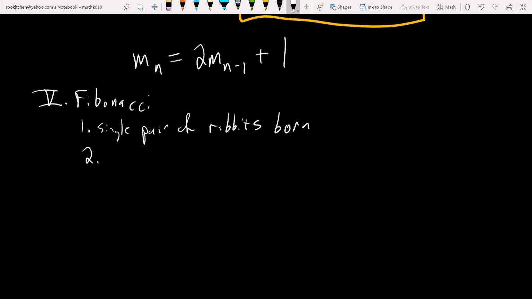So during the first month, or whatever time period you're working with, the single pair reaches maturity and are fertile. And at the end of that second month, they give birth to a single pair of rabbits.